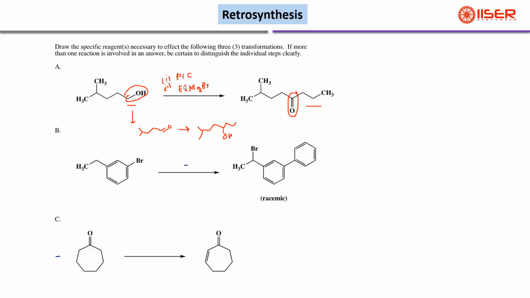So not ethyl, it will be propyl magnesium bromide, because this is 3 carbons, 1, 2, 3 carbons, so we have to use propyl magnesium bromide.